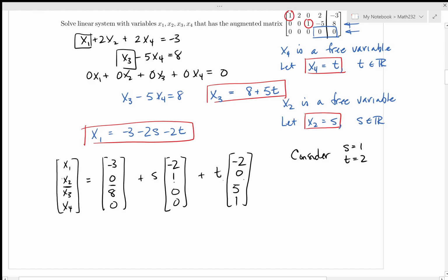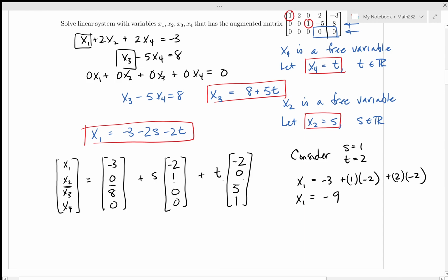That would mean, according to my calculations here, that x1 would be equal to what? Minus 3. I'm going to write it out longhand for this one. Minus 3 plus s, 1, times minus 2, plus t, 2, times minus 2. Okay, so then I do that calculation, and what do I get? x1 is minus 3, minus 2, which is minus 5, minus 4, which is minus 9.